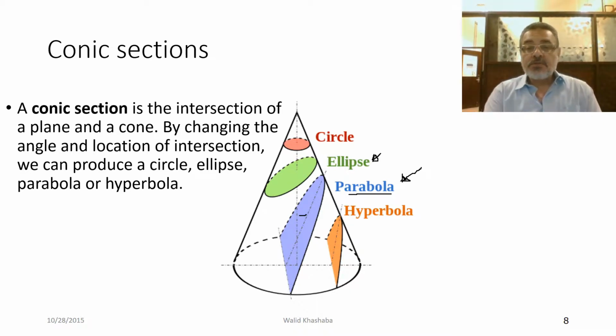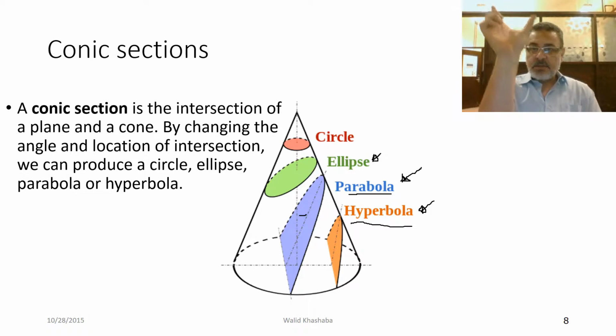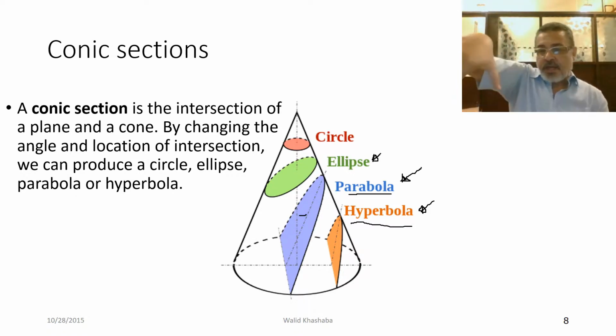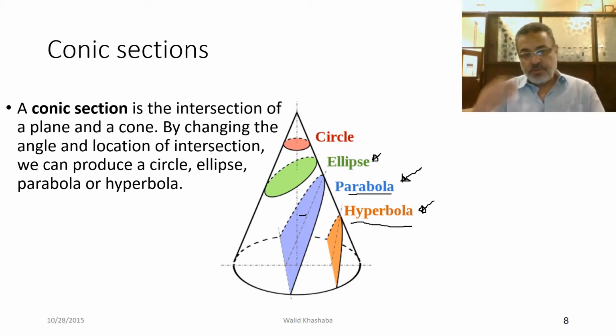If it is almost vertical, then we will have a hyperbola, because a hyperbola is two of these figures, two opposite parabolas, one in a U shape and one in an N shape.